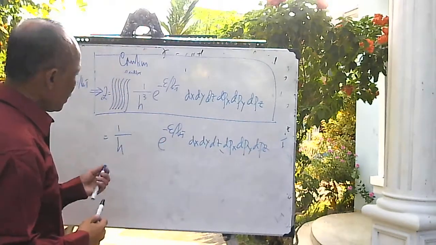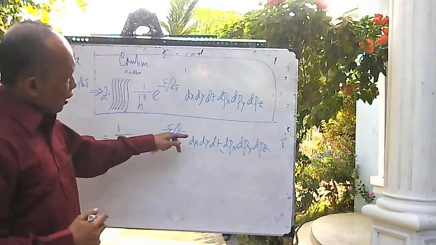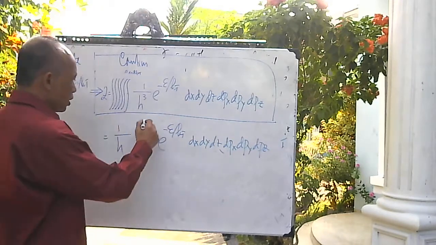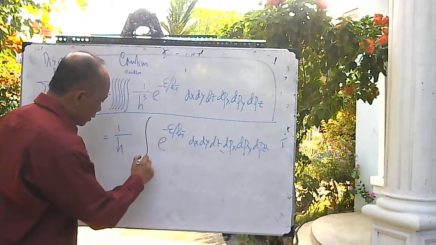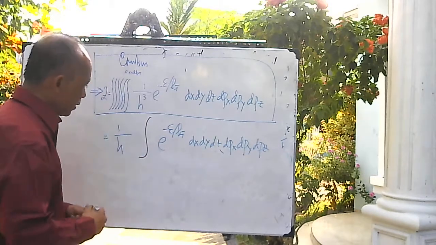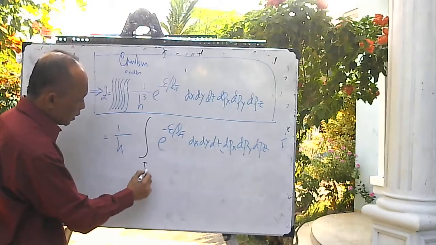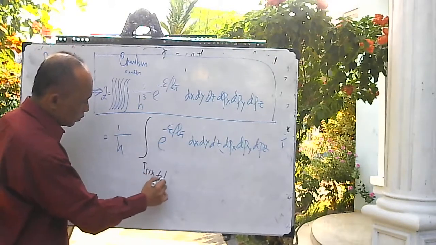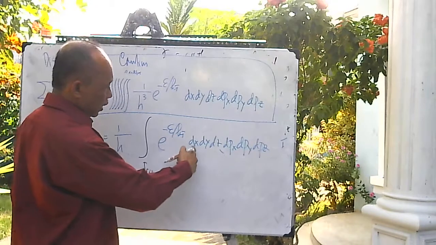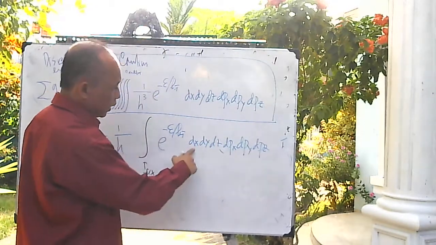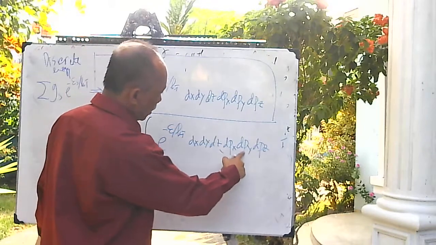To simplify the expression, even though we have a 6-fold integral, we sometimes write only one integral symbol. Although we use one integral symbol, the meaning is 6-fold, because we have 6D here. We have to integrate over dx, dy, dz, px, py, and pz.